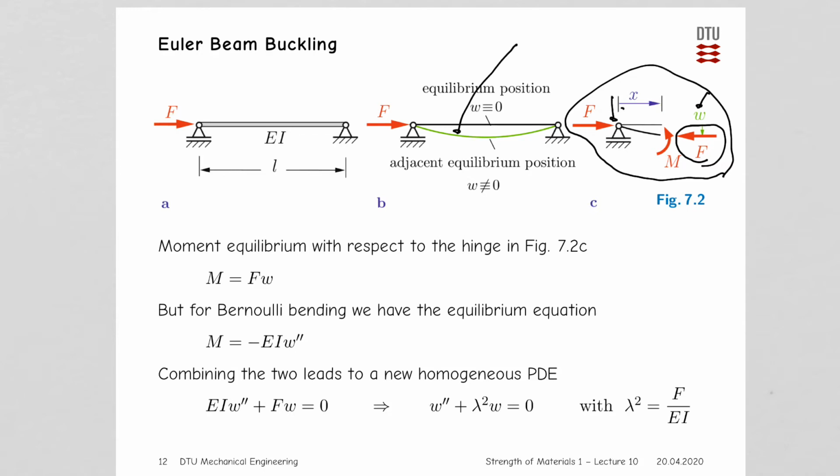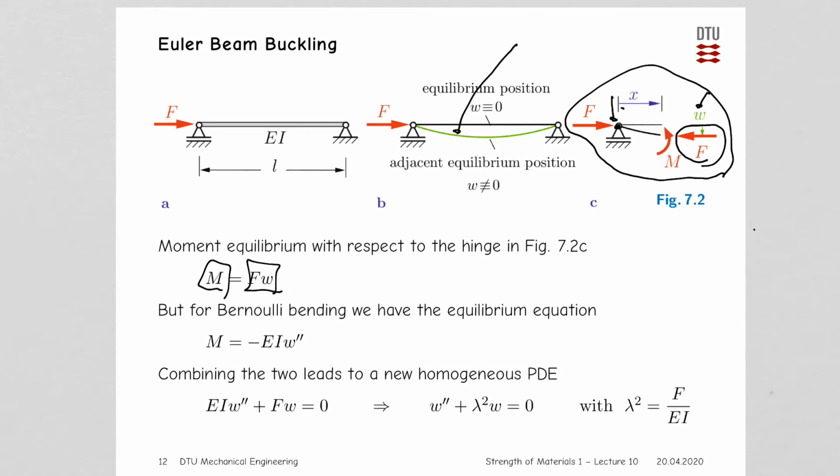Around that point, we have two quantities providing a moment. We have the force with a moment arm W here, and that has to be balanced by the cross-section moment here, M, right? It's very simple. These are the only two quantities giving a moment around our boundary point here. So the moment has to be equal to F times the deflection at that point.